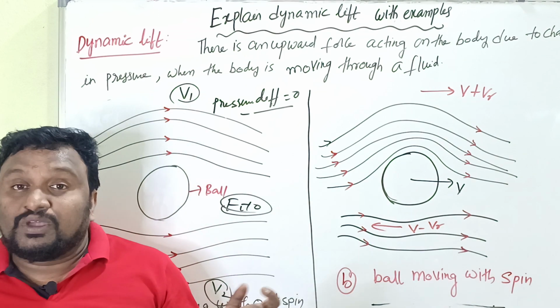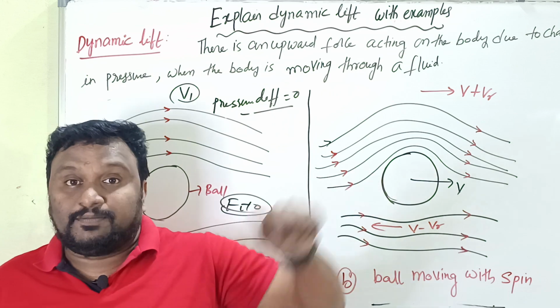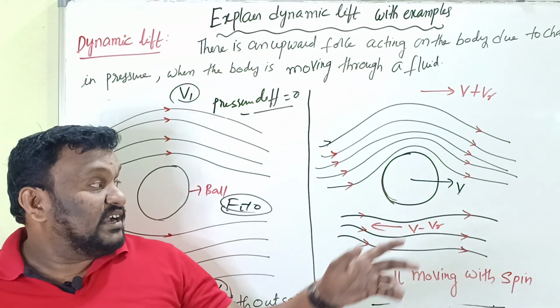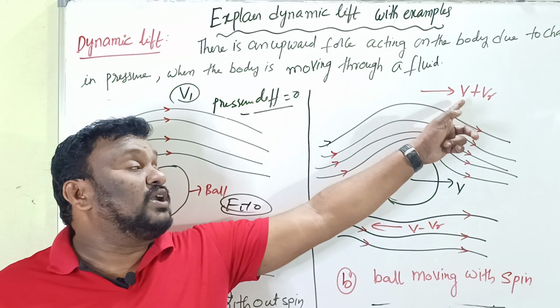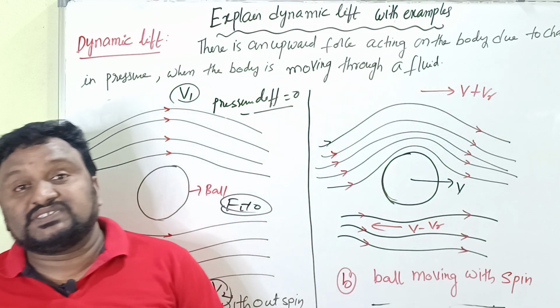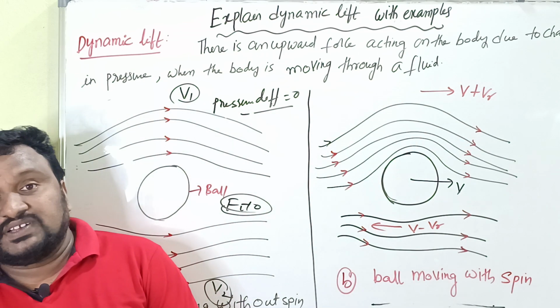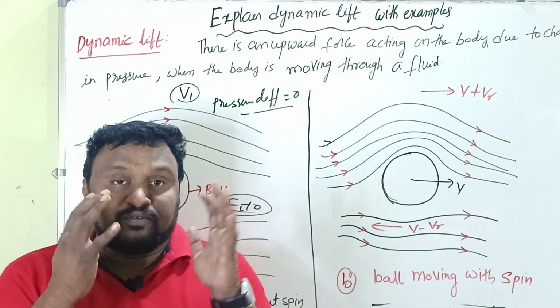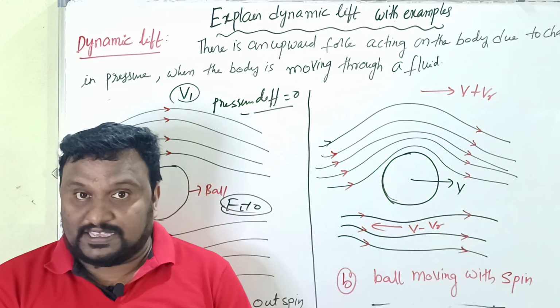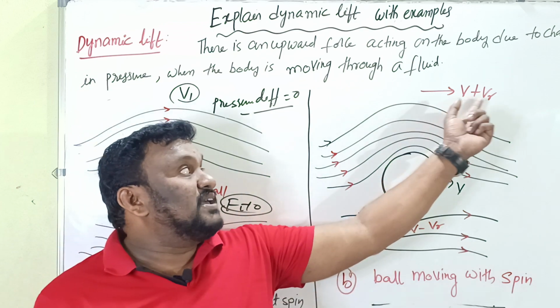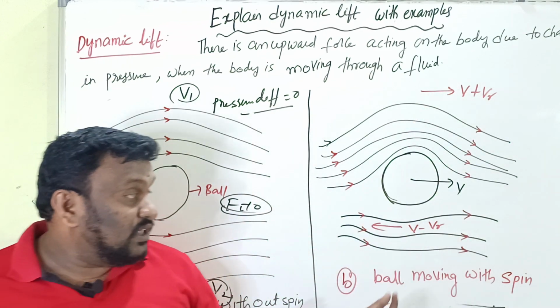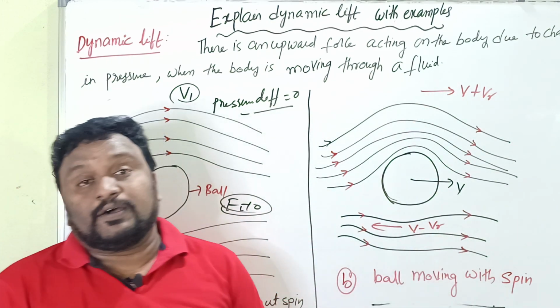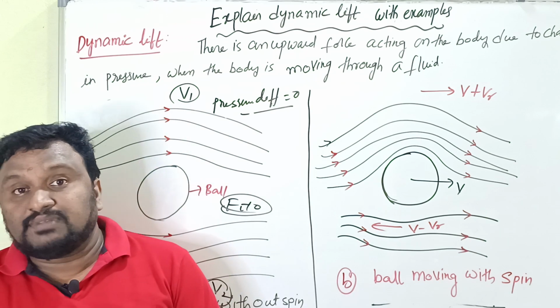If the ball is moving with velocity v, while it is spinning, we take the total velocity as v plus vr. That means the velocity of the ball and the velocity of the air due to spinning. Above the ball it is v plus vr, and below the ball, v minus vr.